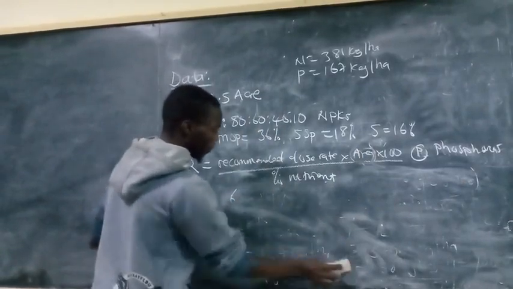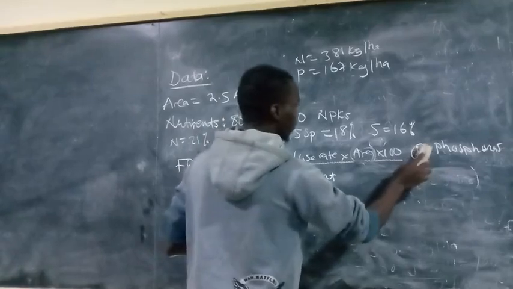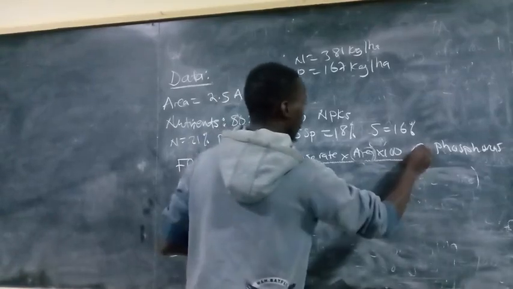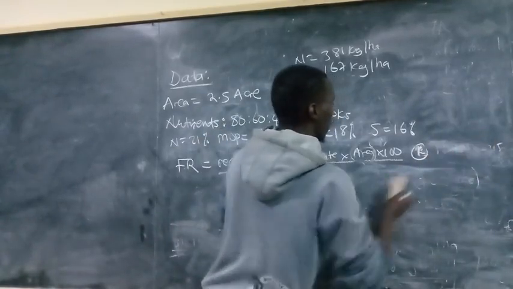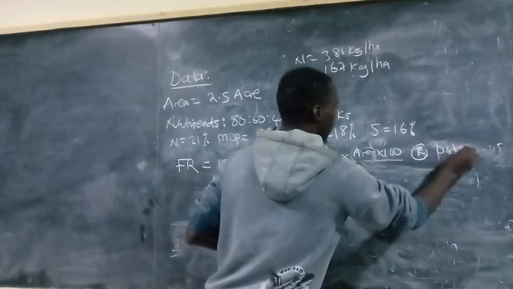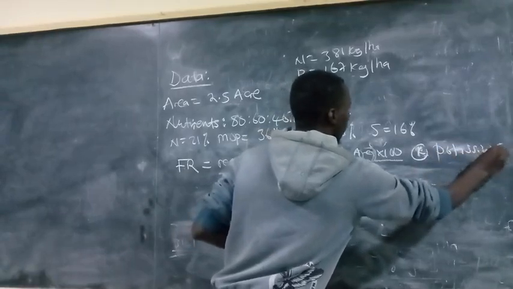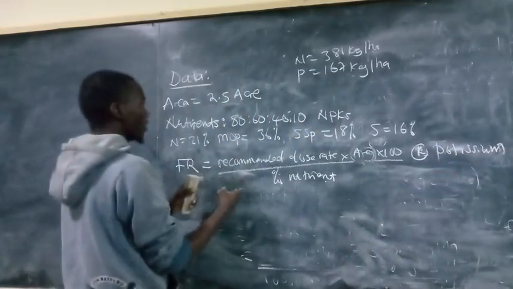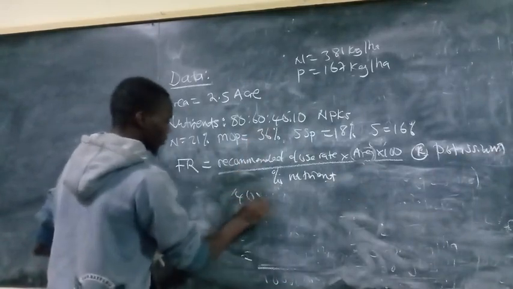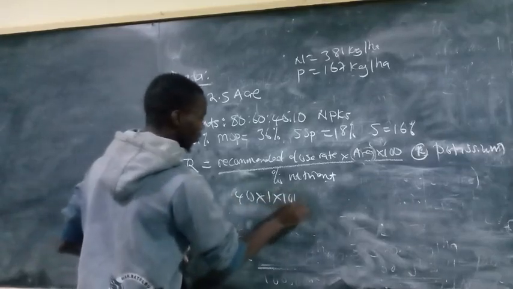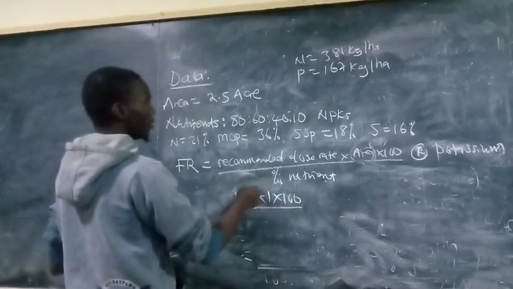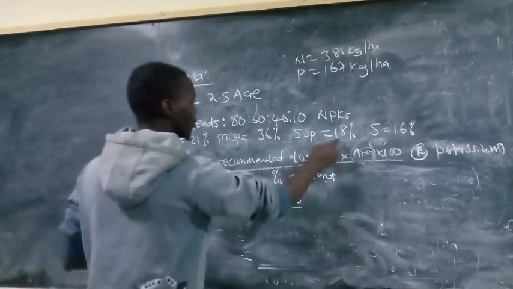So we continue. So we've taken out for phosphorus. We do for the other nutrient, which is NPK, which is K now, which is potassium. So for potassium, the recommended for potassium is 40 times 1 times 100. Divide this by 18.